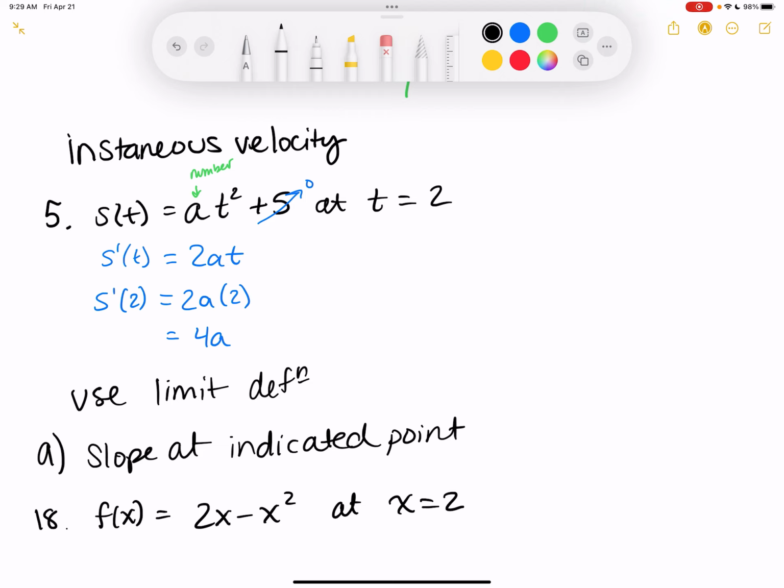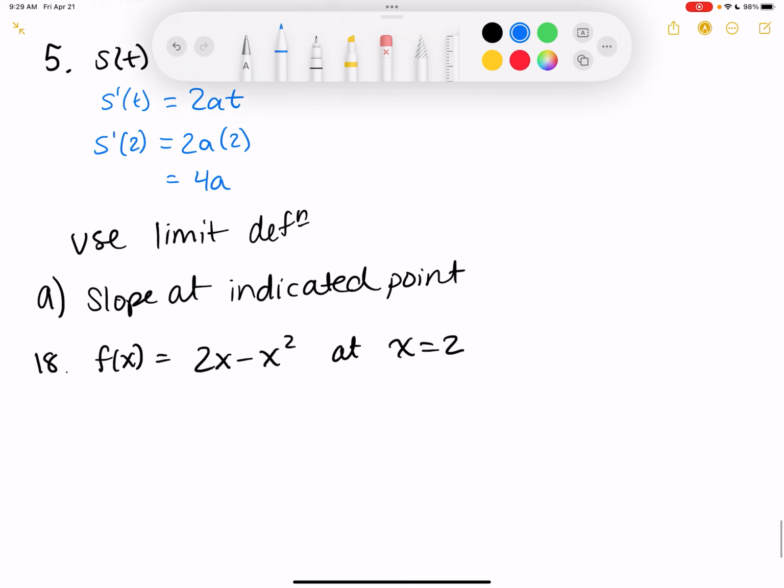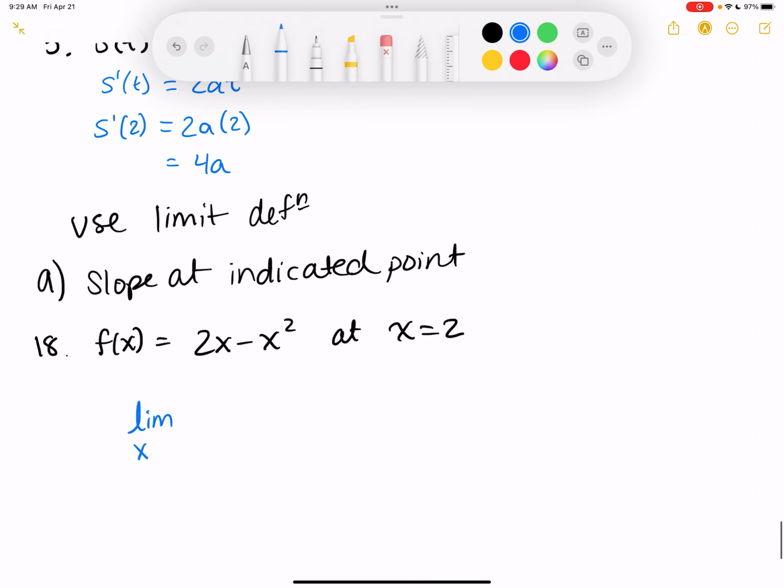So we're finding the limit as x approaches 2 of, let me see where, I don't know if we ever actually wrote the, I guess we didn't.